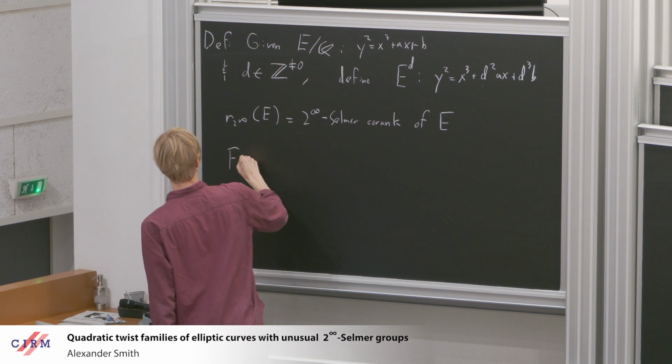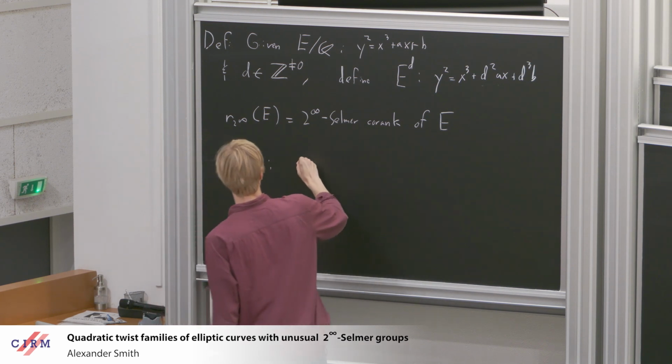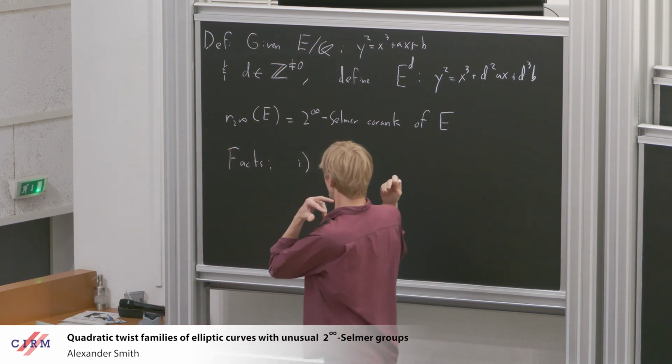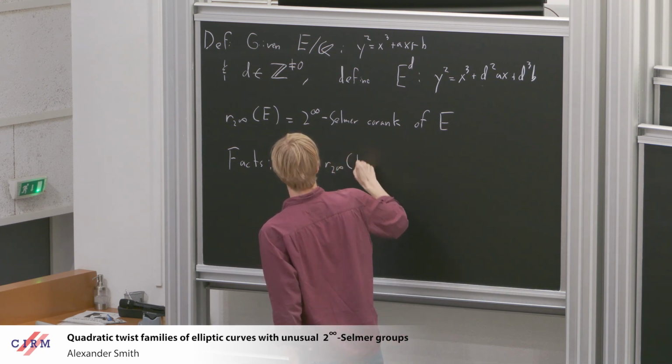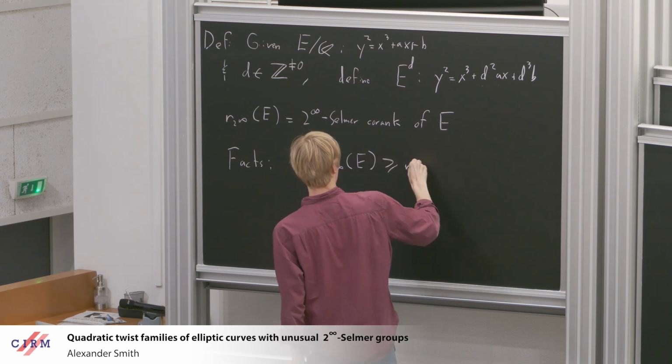So the most important facts about this, well, the absolute most important fact about this is that it is an upper bound for the actual rank of the elliptic curve.